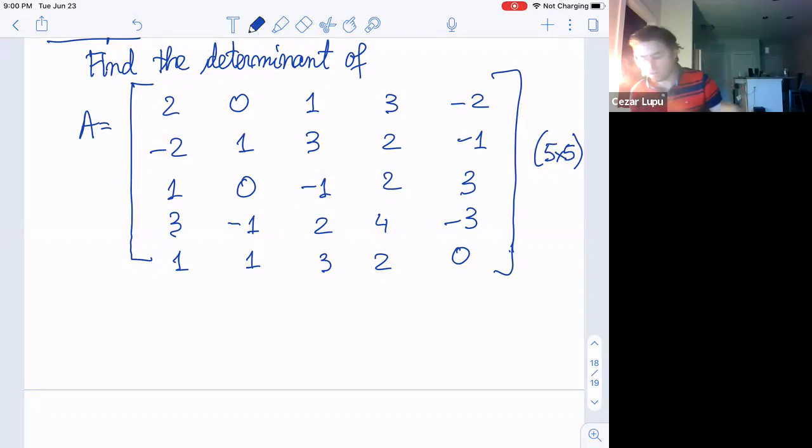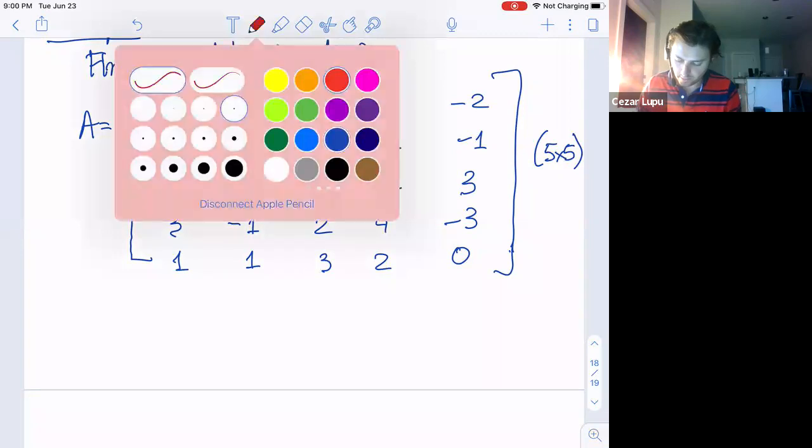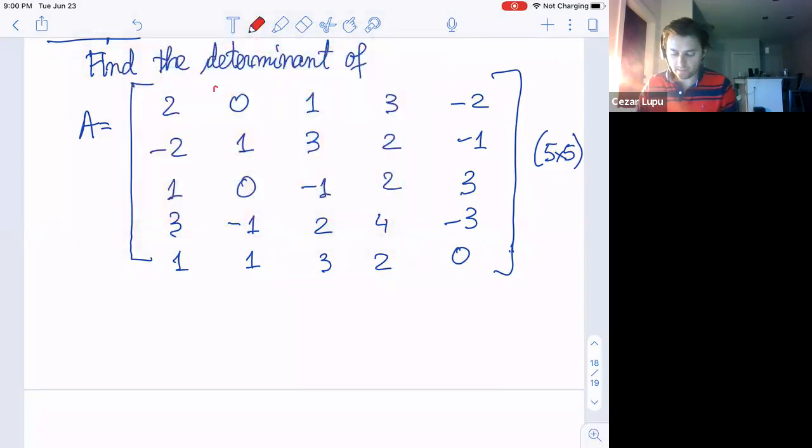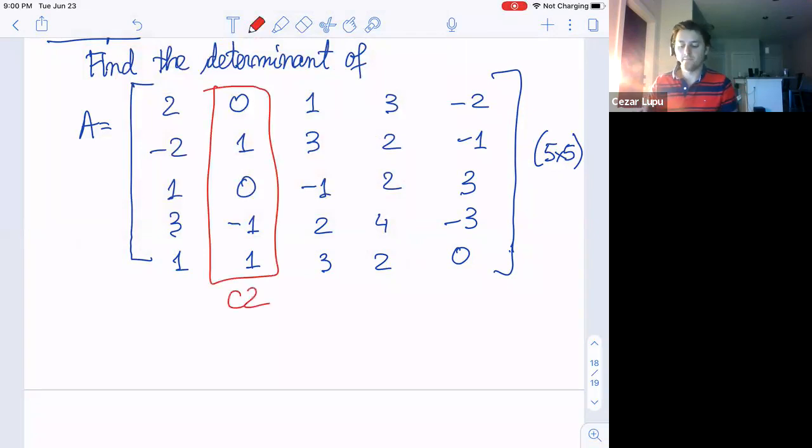Aha, you see, if I look at the second column, C2, maybe I can do something so I can turn that into zeros, right?